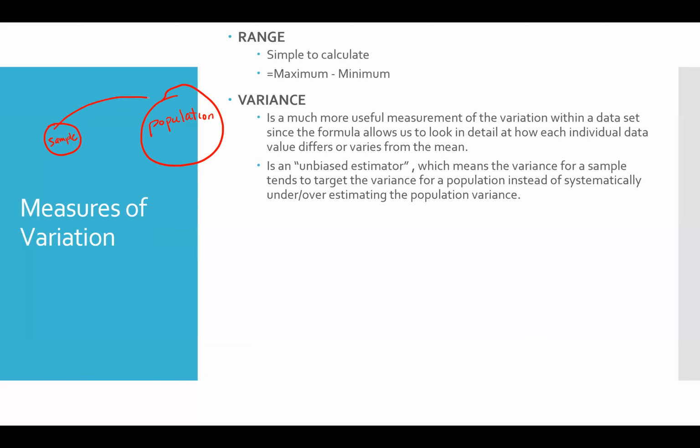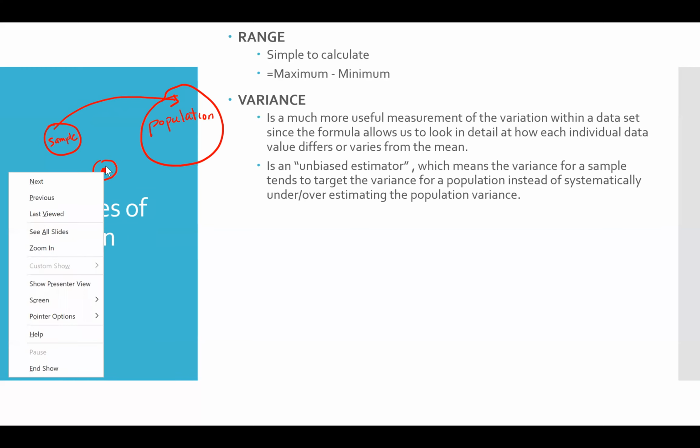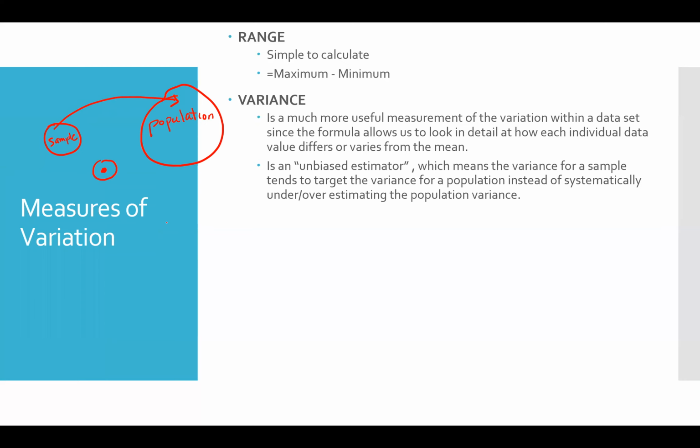Well, when we do that with our variance, the variance tends to be right on target. The value that I get for my sample tends to hit the bullseye for the population rather than overestimating or underestimating.